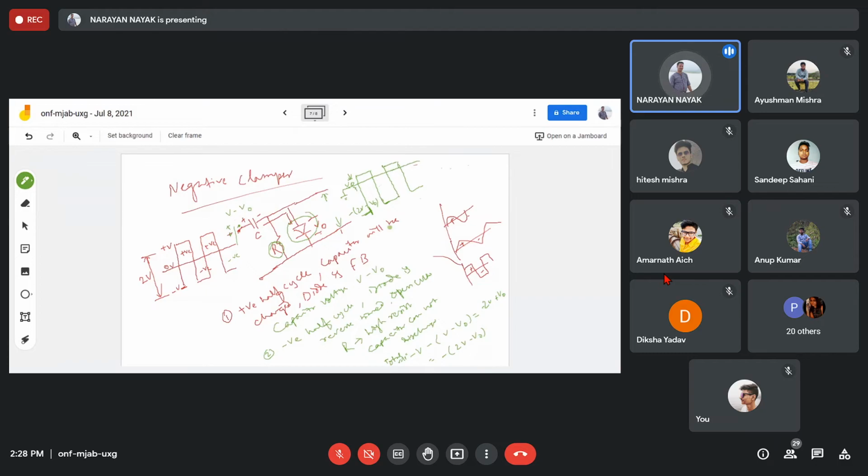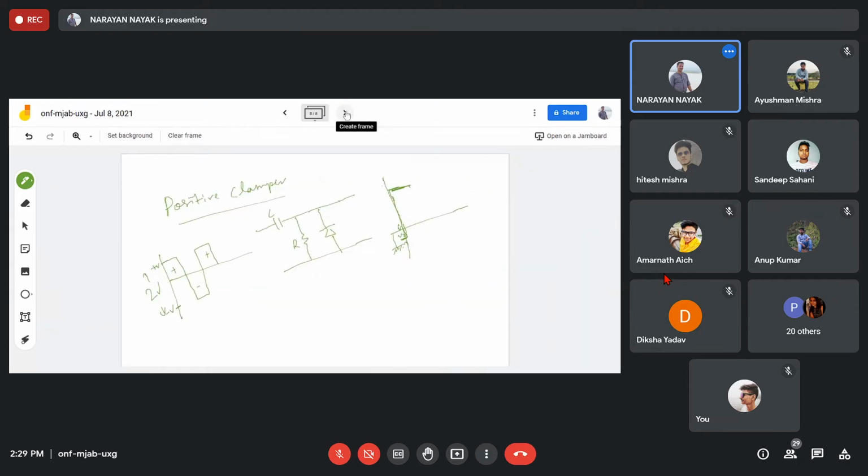If on the negative side it is minus 2V minus V0, how much should the positive side be? 2V minus V0. Very good. It should be 2V minus V0. So it will look like this, and this is a V0 like this.